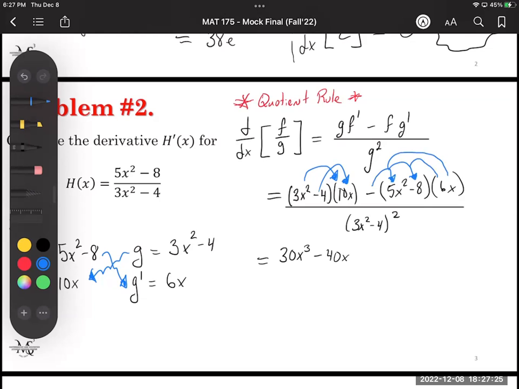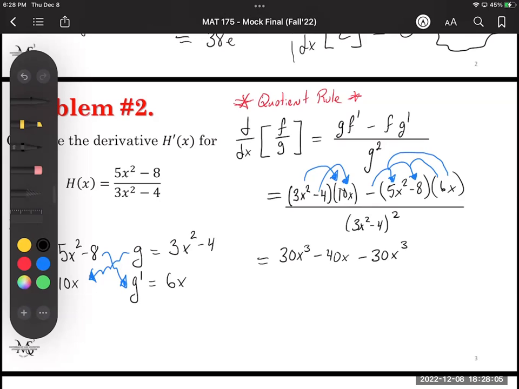Okay, here's how this works. If I take the negative on the outside and multiply it by the 5x squared, then the 5x squared becomes negative 5x squared. Now, if I take negative 5x squared and multiply it by 6x, what is that? It will be negative 30x to the third power. That's right. Then you take the negative again and repeat the process.